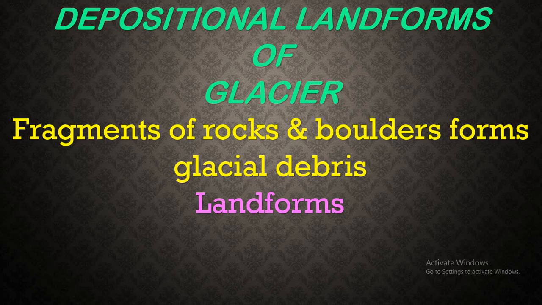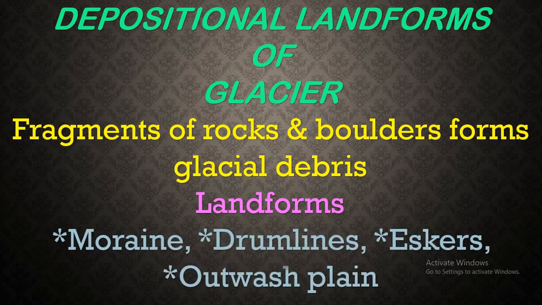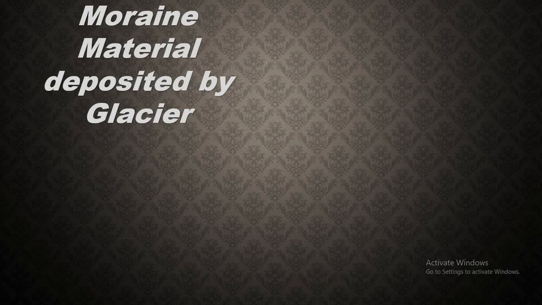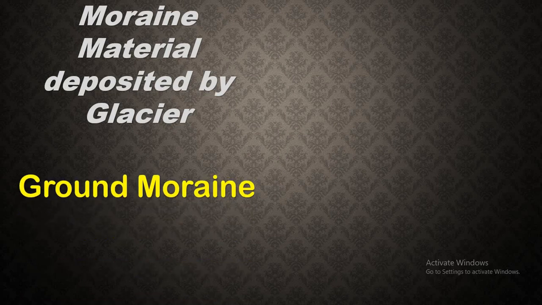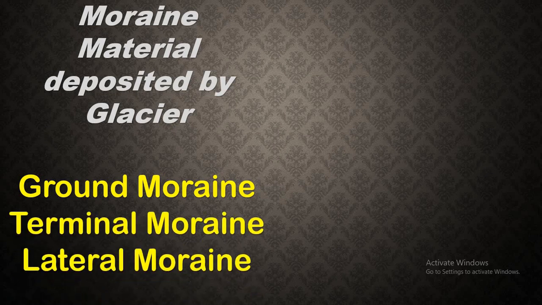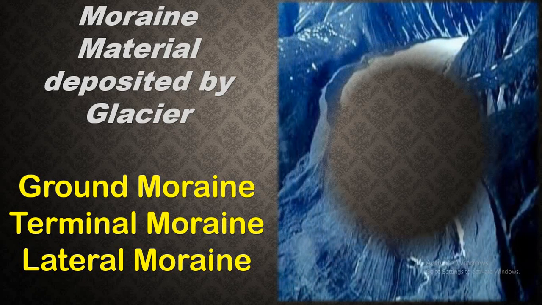The landforms are moraine, drumlins, eskers, outwash plains. We'll see in detail. Moraine is material deposited by glacier. We have three types of moraine: ground moraine, terminal moraine, and lateral moraine. Look into the picture for moraine.